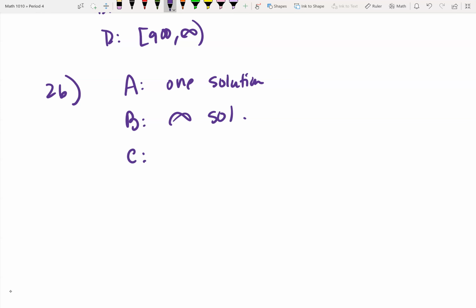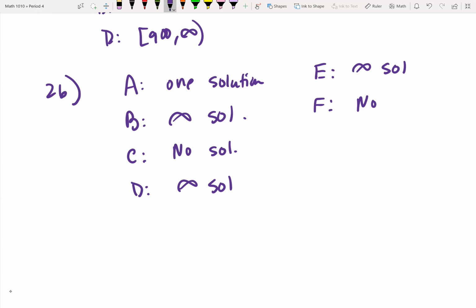Question C, all 3 of those papers never touch in one spot, so that is no solution. D, they're all the same paper, so that is again infinite solutions. E hits in all 3 places, or all in that line, so that's infinite solutions. And F is also no solution, because the solution is where they all 3 touch.